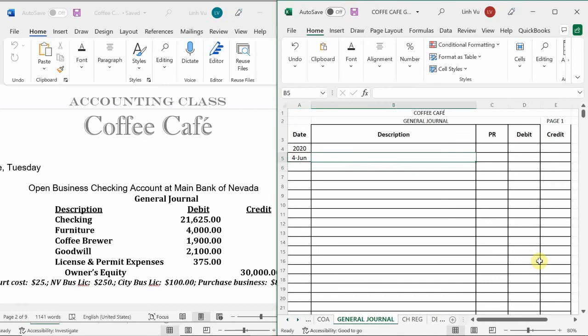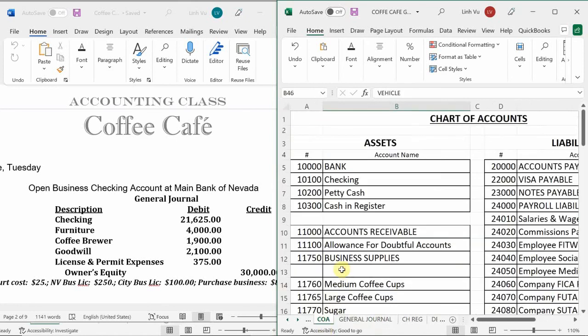So I need to use my checking account because I need to know if these accounts exist in my chart of accounts so I can properly journalize them. Do I have a checking account in my chart of accounts? Yes, we have the 21.